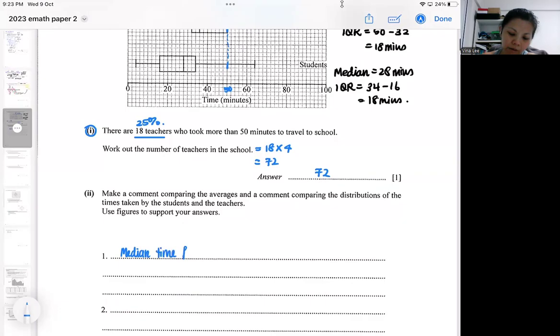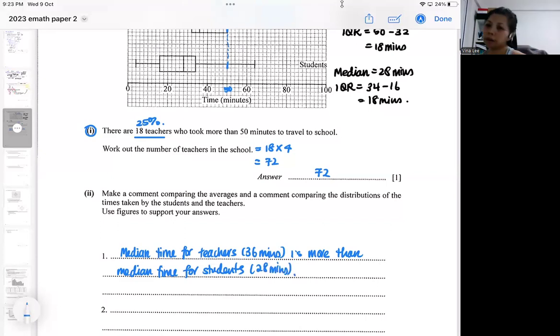The median time for the teachers is actually longer, it's 36 minutes. I need to say the obvious: the median is more than the median of the students, and I should indicate the amount, which is 28 minutes.